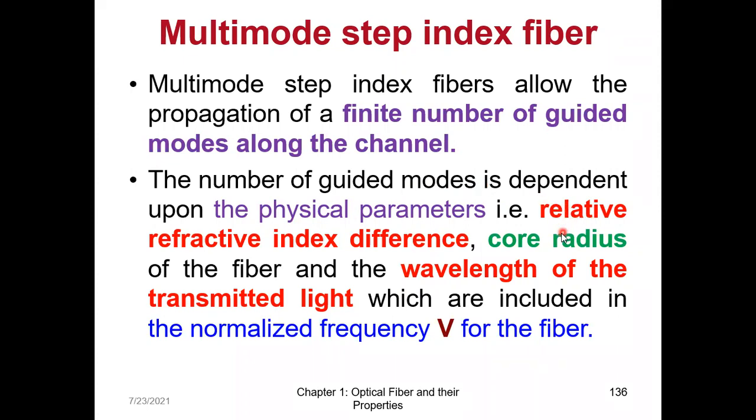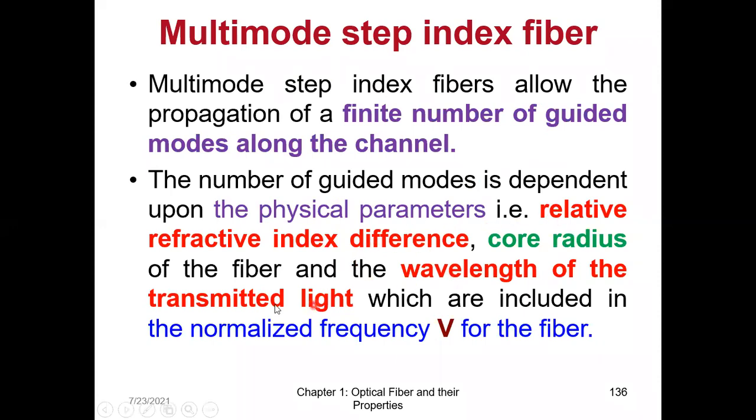The first parameter is the relative refractive index difference, that is delta. Then the core radius, which we call A, and the wavelength of the transmitted light. All these parameters are defined by one more parameter called the normalized frequency, which we call V. To calculate the number of modes, we need to know the relative refractive index difference, the core radius and the wavelength of transmitted light.